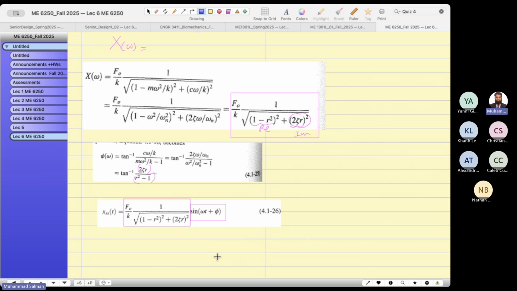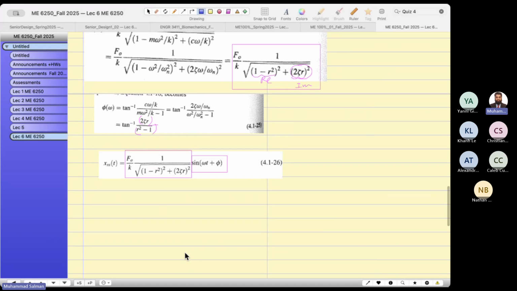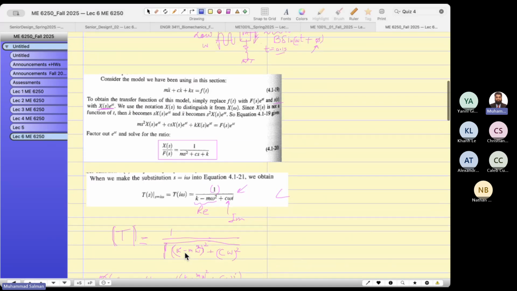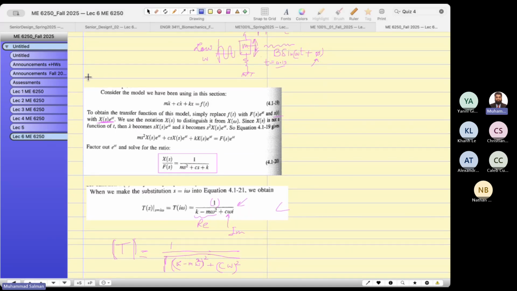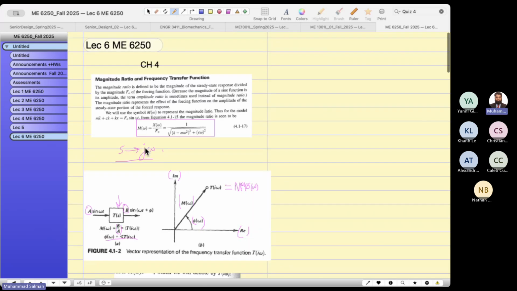This is the steady state amplitude formula, the steady state magnitude. And if I write down the steady state magnitude ratio, as I mentioned, the magnitude ratio can also be written as m equals x over f. Let me show you.